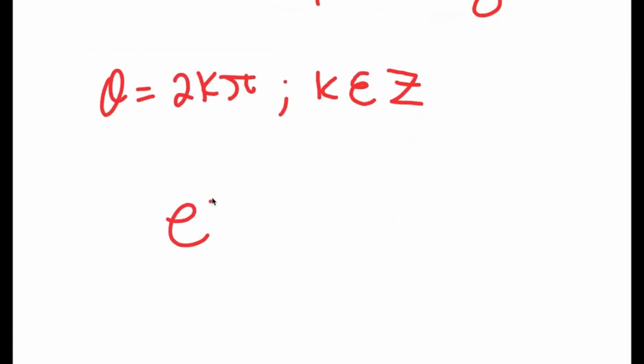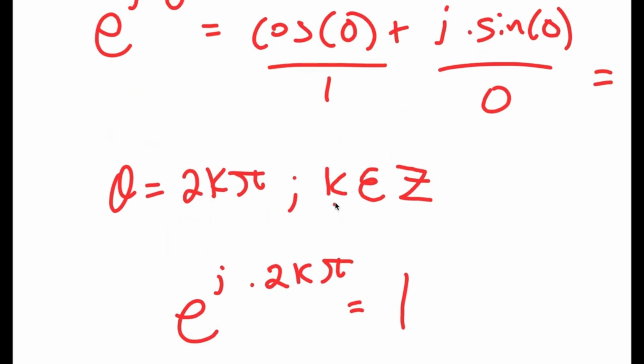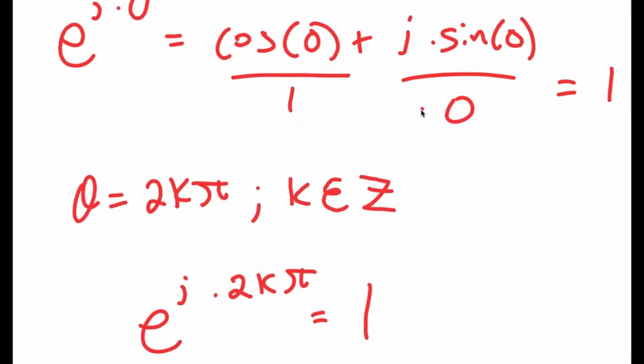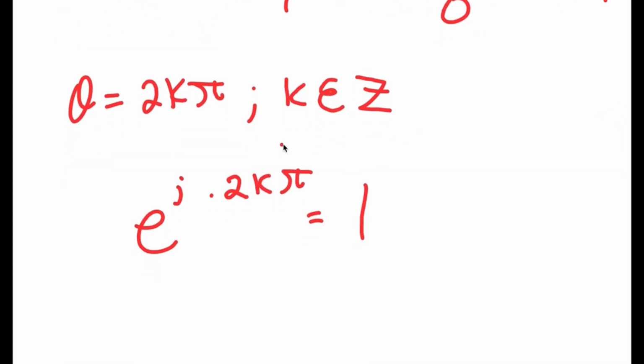Now I get e to the power of i times 2k pi is equal to 1. Because all we did was we just substituted theta in for 2k pi into this same thing.